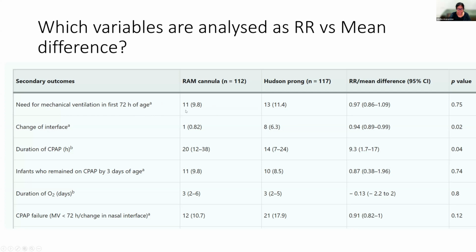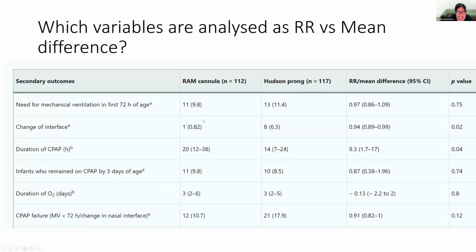How is it represented? It is N and percentage. Change of interface, need for change of interface, again a categorical variable. Whereas duration of CPAP in hours is a continuous variable. Infants who remain on CPAP by 3 days, again a categorical variable. Duration in days, numerical variable. CPAP failure is a categorical variable.